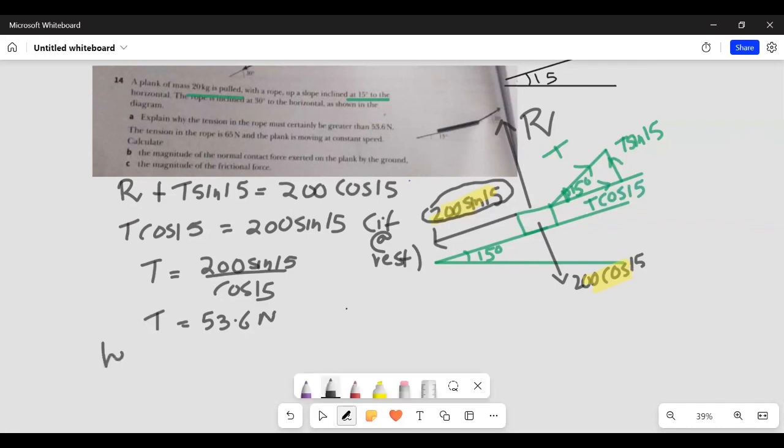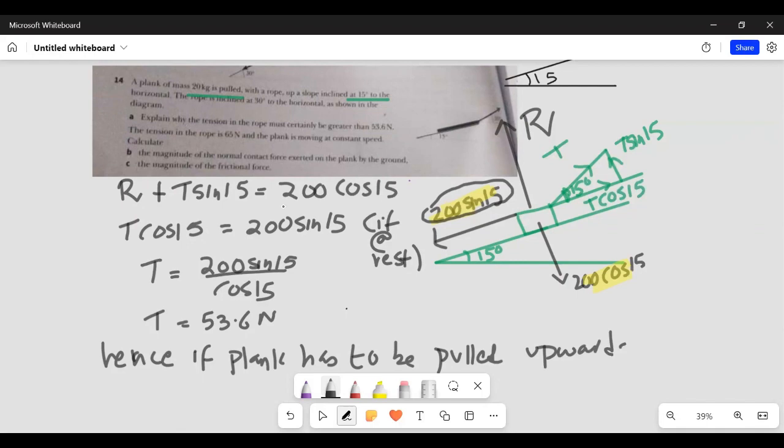Hence if plank has to be pulled upwards, then T needs to be greater than 53.6.